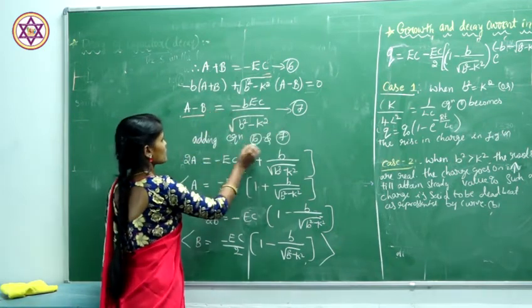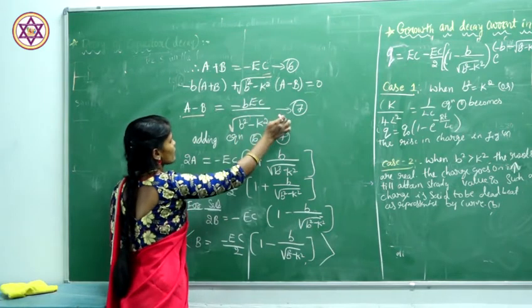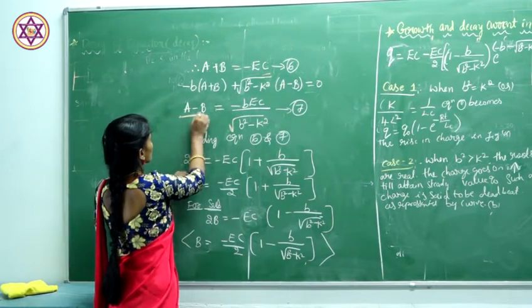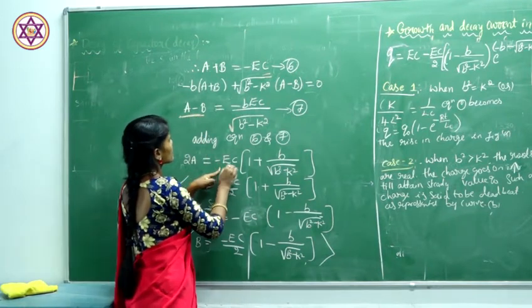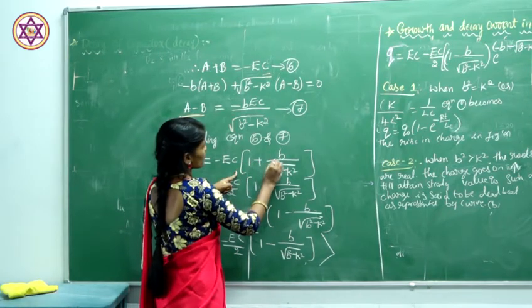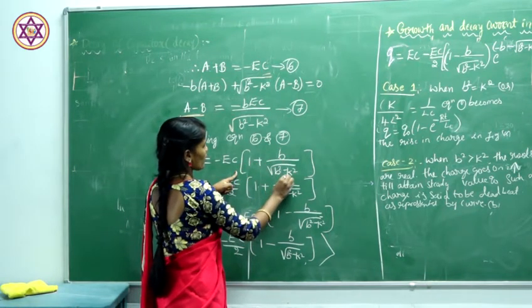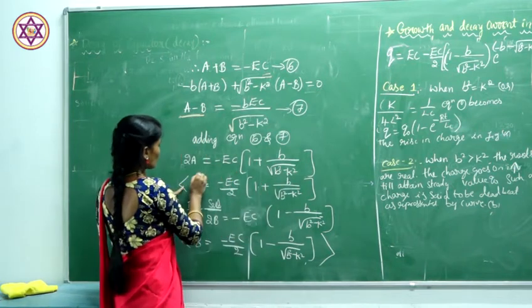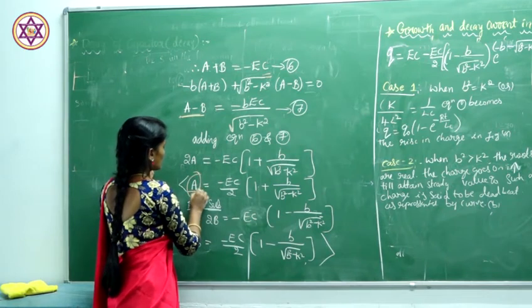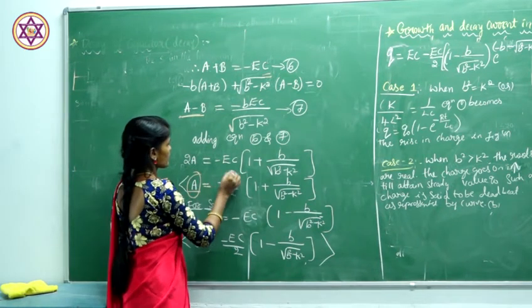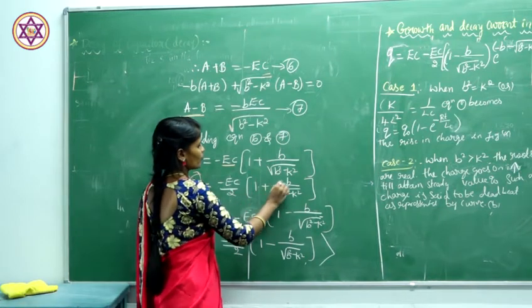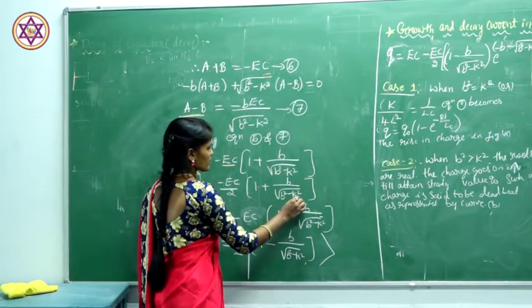So adding equations 6 and 7, 2a = −EC·(1 + b/√(b² − k²)). So we can find the a value: a = −EC/2 · (1 + b/√(b² − k²)).